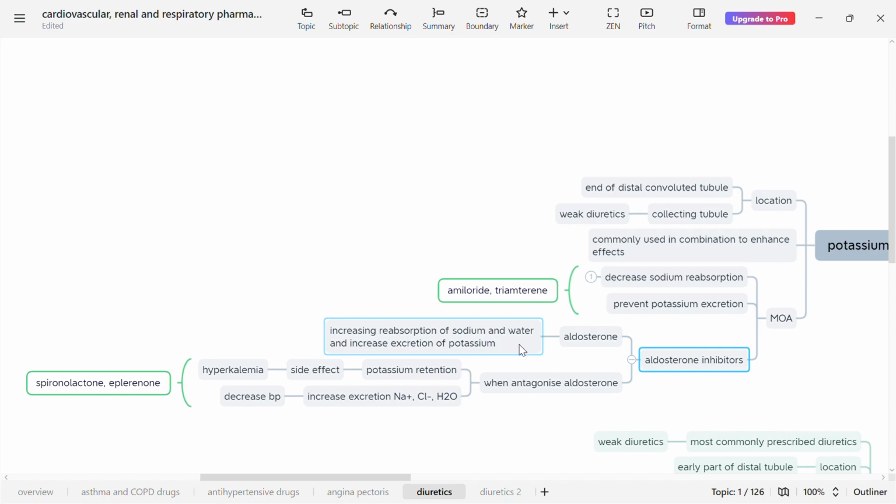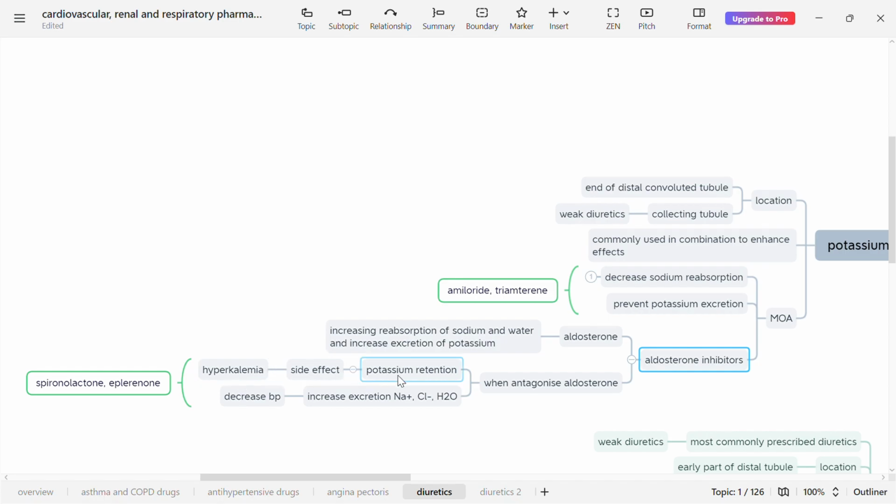So when we inhibit the aldosterone actions, it will cause potassium retention and also increase excretion of sodium ion, chloride ion, as well as water. So the effect of this action is decreased blood pressure, while if the potassium is retained in our plasma, it will cause the side effect, which is hyperkalemia.